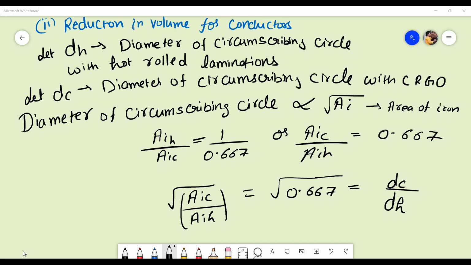So it's a very good relation: the diameter of circumscribing circle with CRGO divided by diameter of circumscribing circle with hot roll lamination is equal to root of 0.667.